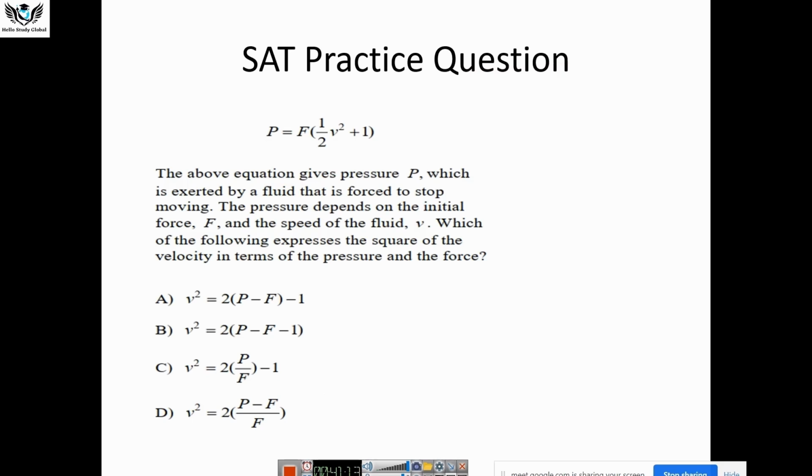Okay, this is a pretty easy equation. All you need to do is rearrange. This expression is given. We need to find out which of the following expresses the square of velocity. We need to find the value of v square. Simply rearrange.